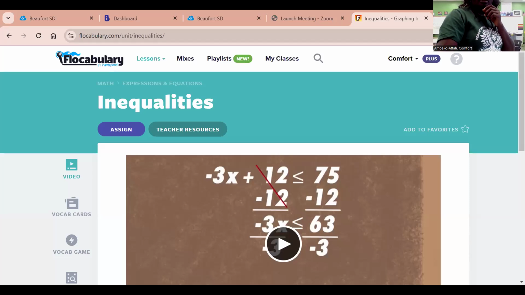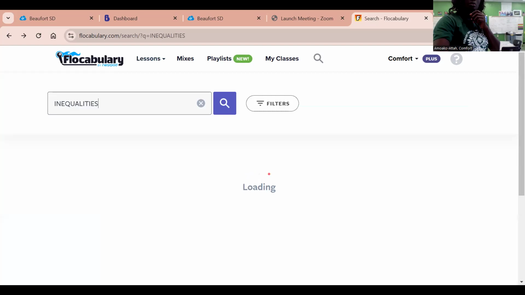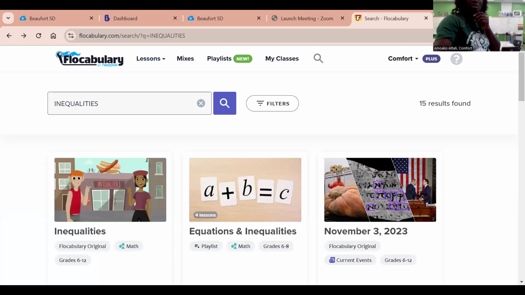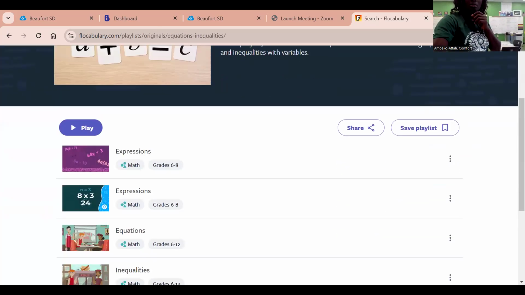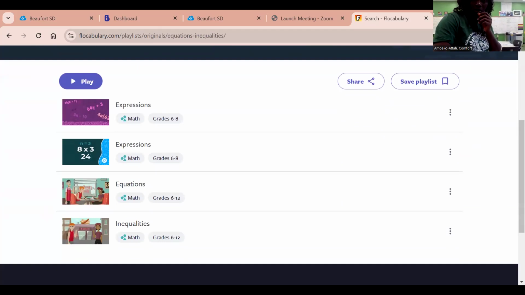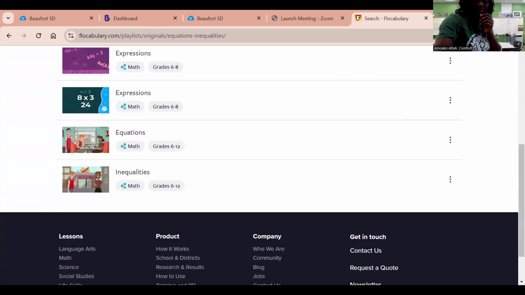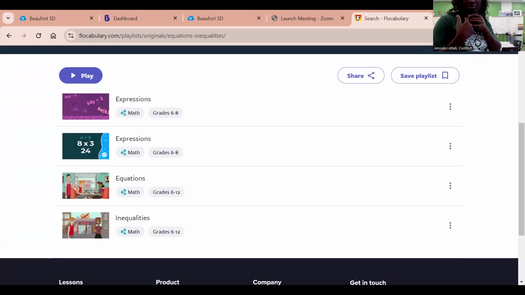So let me play a different one again. Same vocabulary. I think I showed this in my previous lesson. So let's watch this. Okay, so under this you have four. We have the expressions, numbers mixed up with the symbols.